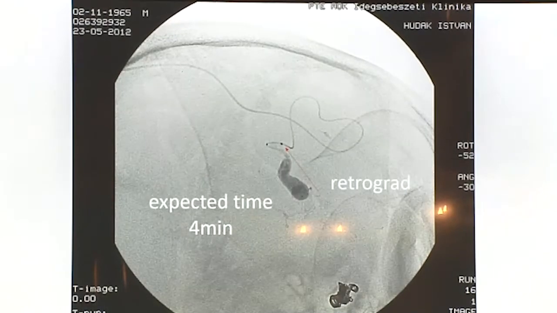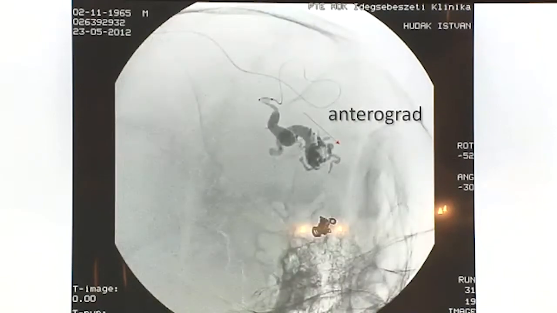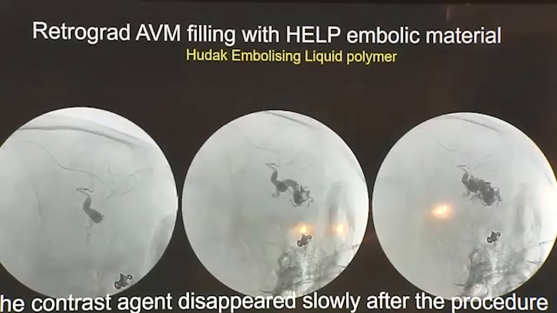After, I wait 4 minutes, and the last is 15 minutes. After, the material goes anterogradely. It is the same as with coil or balloon, and we don't need a supporting device for this. The material is in the closed nidus.